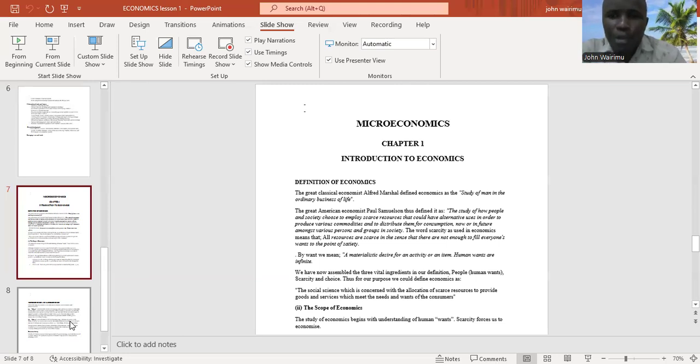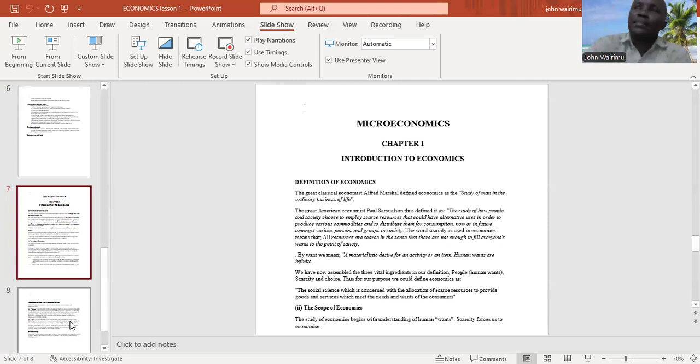Now, when you're talking about the word scarcity, scarcity is used in economics to mean all resources are scarce in the sense that there are not enough to fulfill everyone's wants, to the point of satisfaction. So a scarce resource means it is not enough to make all your needs fulfilled. When we say a resource is scarce, it is not easily available.